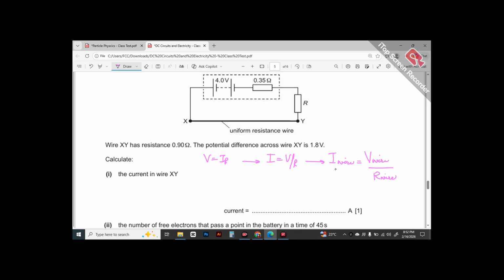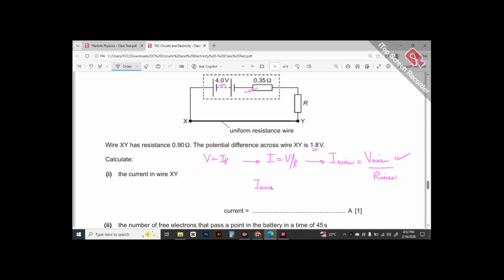If you have to find the current through the wire, why would you place the resistance of this internal resistance? No, you have to place the resistance of wire, right? And why would you place the voltage supplied by the battery? No, you have to find the current passing through the wire. You have to place the potential drop or the voltage drop across the wire, which they said is 1.8.